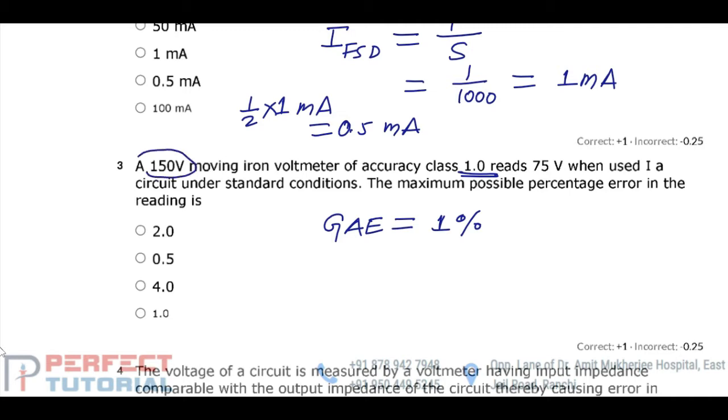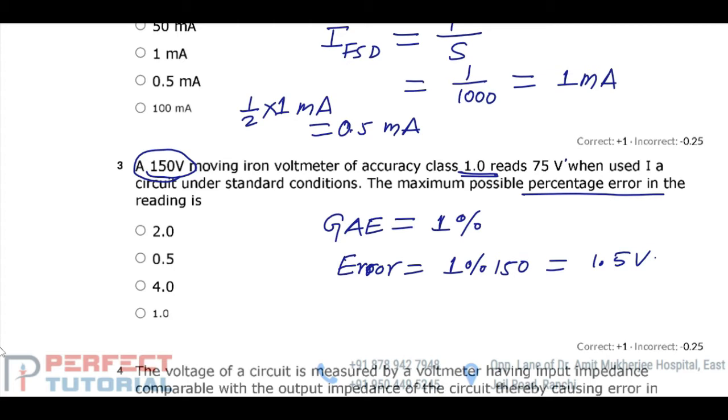So here it is a 150 volt moving iron voltmeter. 150 volt is the full scale value of the voltmeter. So guaranteed accuracy error, that is error in the instrument, would be equal to 1% of 150, that is equal to 1.5 volt. Now see, it is asking to calculate the possible percentage error in the reading.